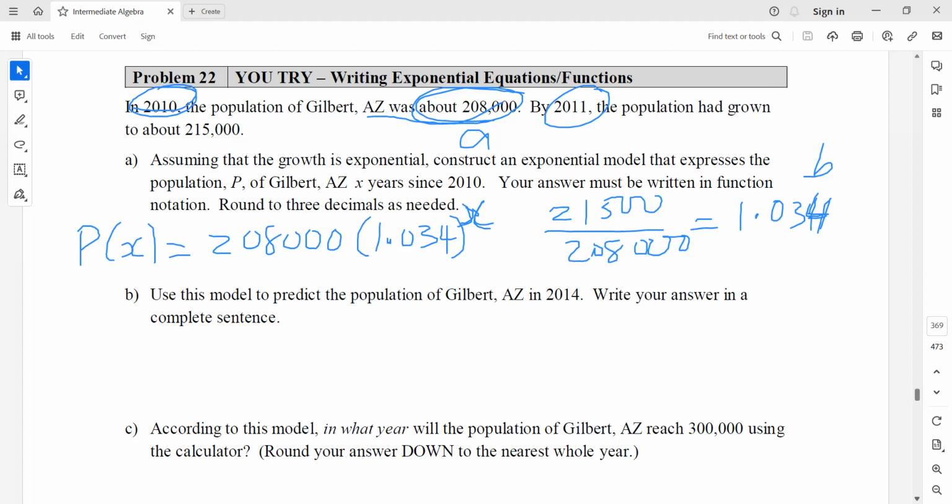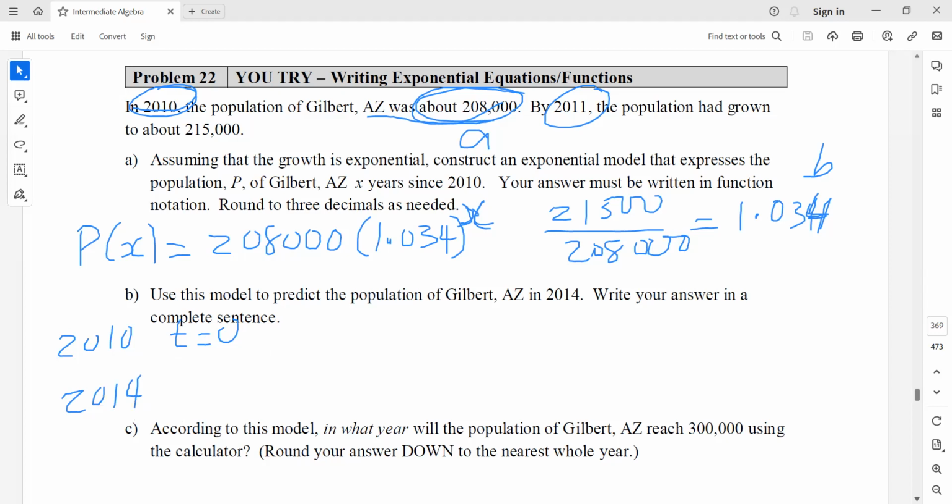Now you go to part B. Use this model to predict the population of Gilbert, Arizona in 2014. Write your answer in a complete sentence. Okay, let's do that. So we have our model. In 2010, that is our starting point, so T, our time, was 0.